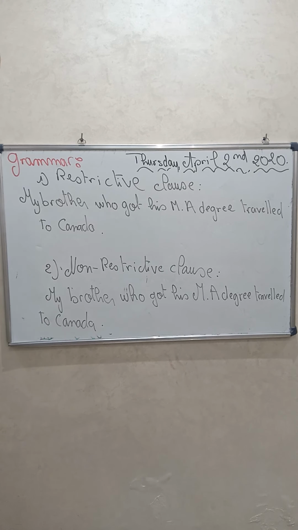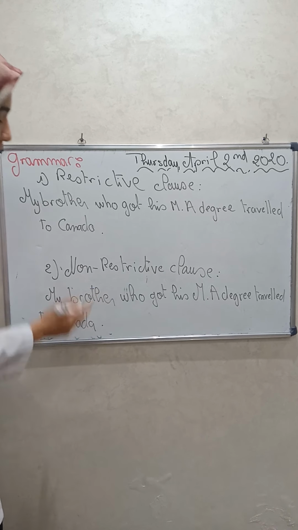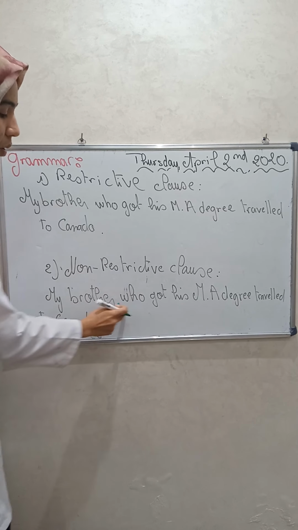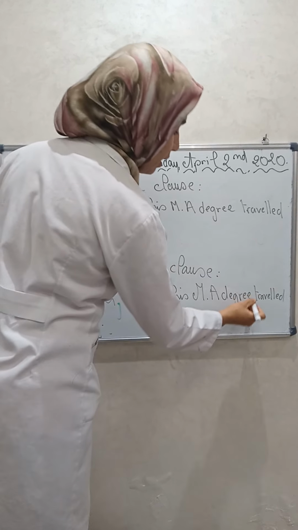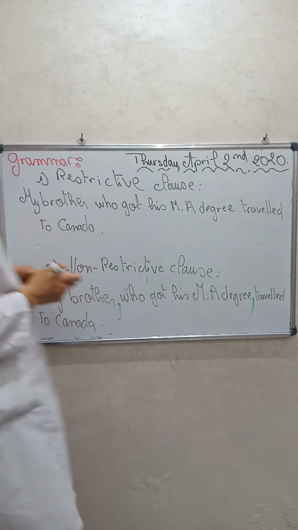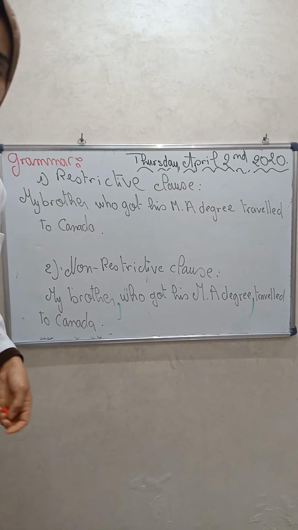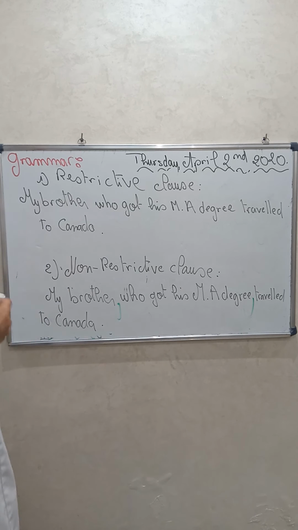Yes, we wrote the same sentence. But here, listen, in the second sentence, we are going to put 2 things. My brother who got his MA degree traveled to Canada. What is the difference now in terms of meaning?